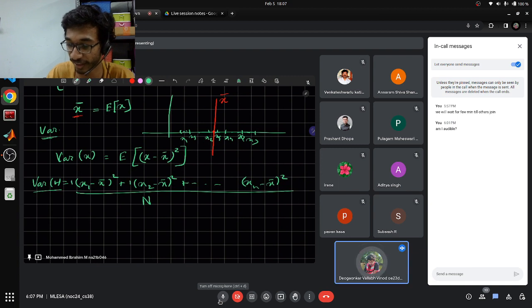Here we are assuming equal weightage on all the data points. That need not always be the case. Instead of this 1, you will have the weightage of the data point x1.